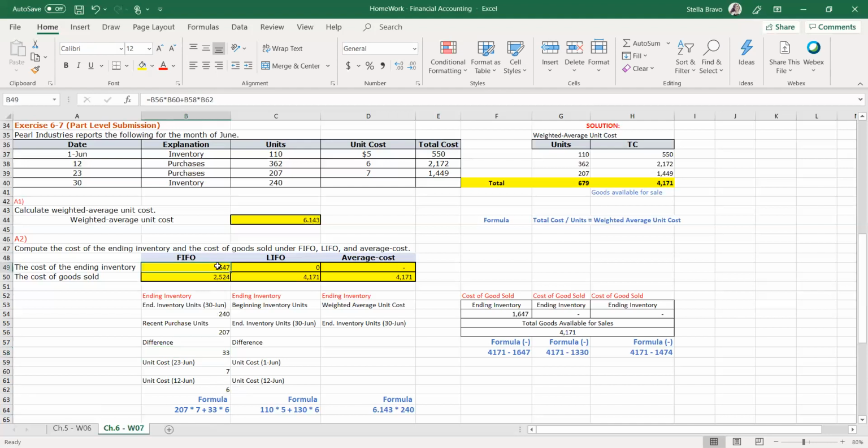It's not that difficult if you just put in the formulas. It's going to be much easier.